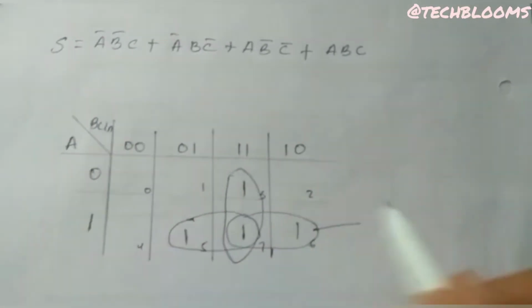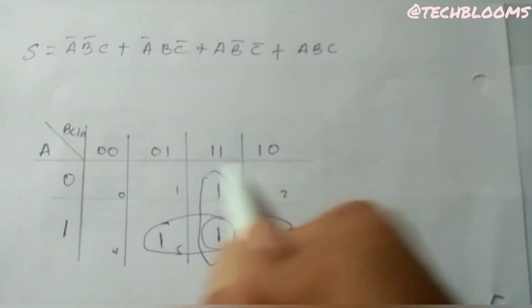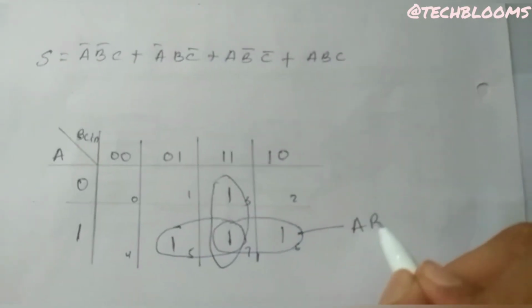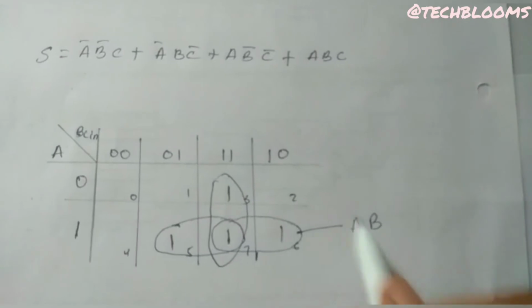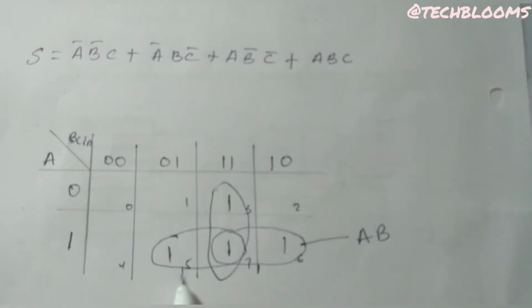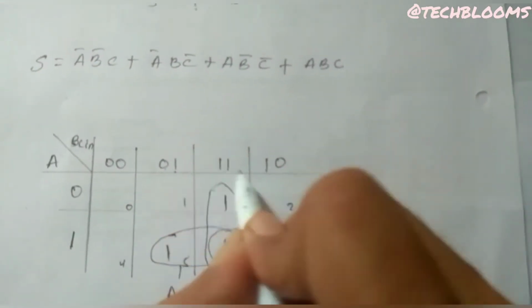For the first pair, A is common, so it will be A. What else is common is B, and Cin is varying, so we will not write Cin. For the second pair, similarly A is common and Cin is common.